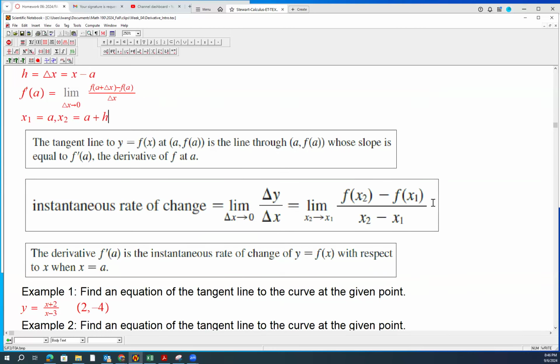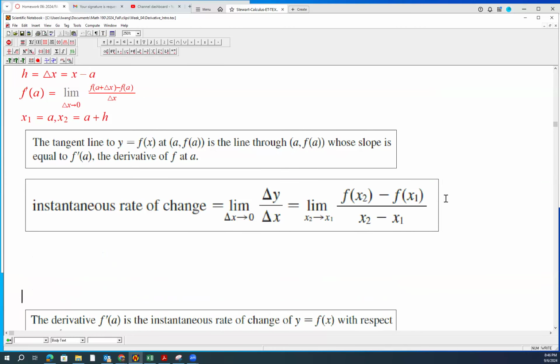But in this case, we see delta X now, right? Delta X is basically X sub 2 subtracting X sub 1, right?